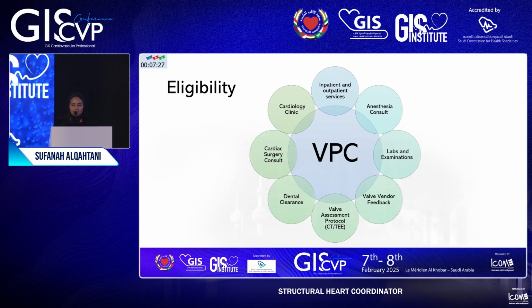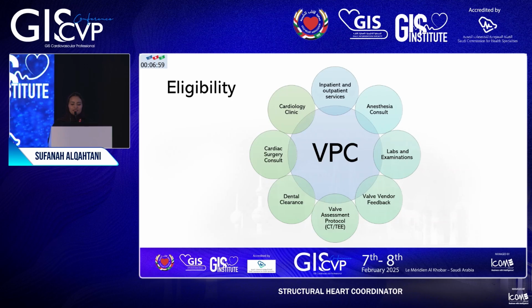Regarding the eligibility, this is the main duty of the valve coordinator, and these are the key elements that the patient needs to go through, sort of your checklist to complete, to confirm that the patient is eligible for your procedure. Mainly, you will need dental clearance, you will need a cardiology clinic visit where you will establish the education for the patient.